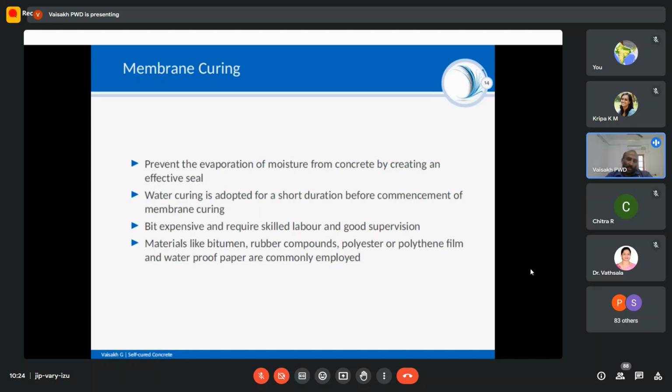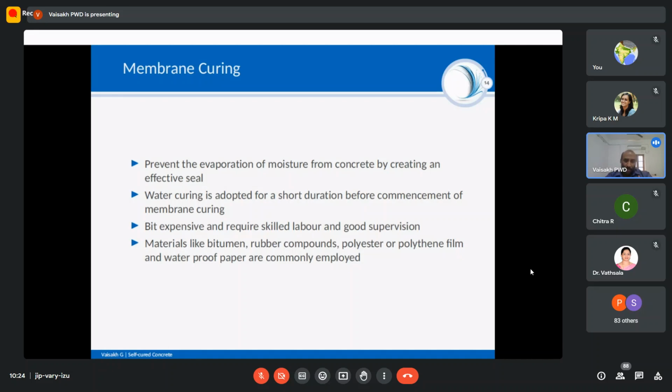But the process is a bit expensive due to the materials that are required, and it also requires very skilled labor and good supervision. Even a small hole or puncture in the membrane will cause different outcomes than we are expecting.